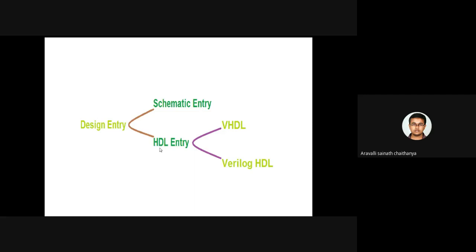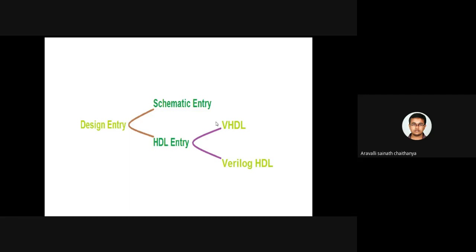Coming to the hardware description language, by using some programming language, we are describing the hardware such that the code I am writing for my design is meeting the functionality of the design. That is hardware description language. For example, consider a multiplexer as a digital circuit.